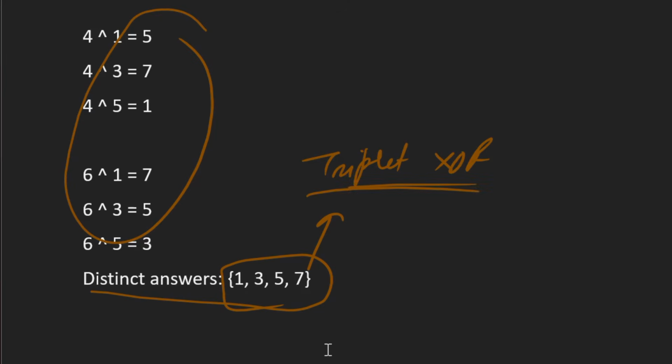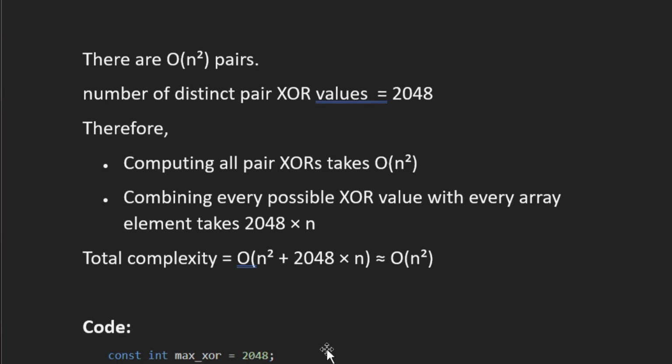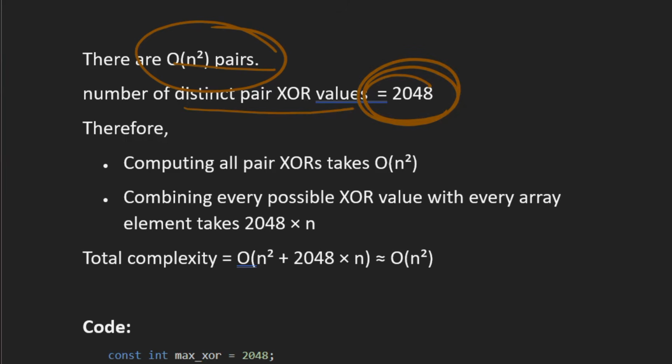So how many pairs do we have? We have big O of n square pairs, right? And the number of distinct values that we can get is 2048. So computing the XOR of all the pairs will take big O of n square time, and then we'll combine every possible XOR value with every element in the array.